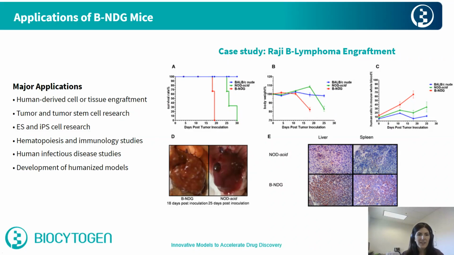So here on the right side is a simple proof of concept study demonstrating higher engraftment of Raji B lymphoma cells into BNDG mice, which is demonstrated by the shorter survival curve, shown by the red line in panel A, and the drop in body weight in panel B, and significantly higher expansion of the lymphoma tissue in the BNDG mice compared to the non-SCID or the nude mice counterparts shown in panel C. And on the bottom is the evidence of tumor spread, both grossly as well as by histology in the liver and spleen of these mice, as seen in part E.